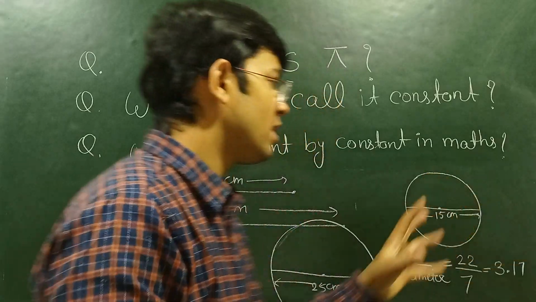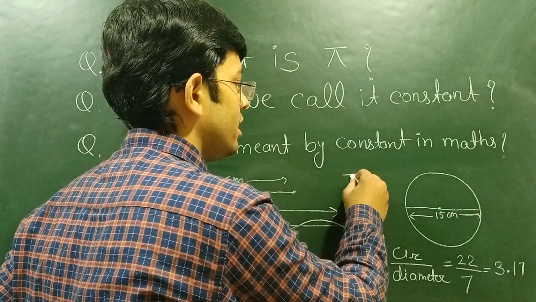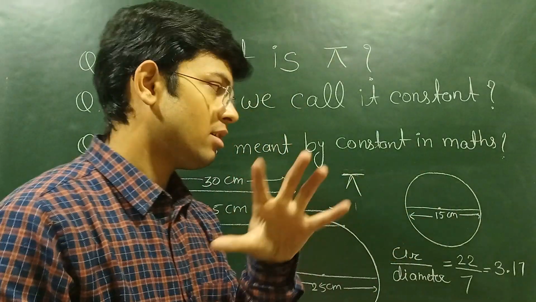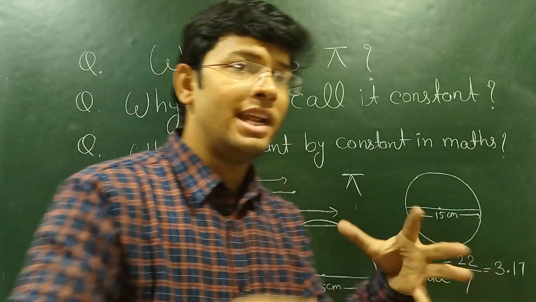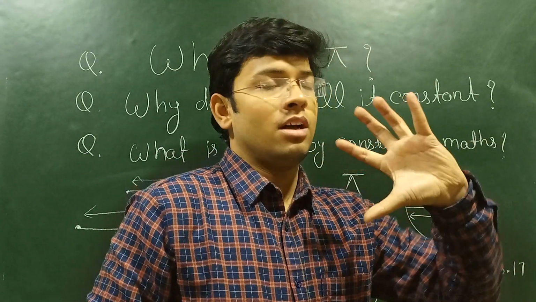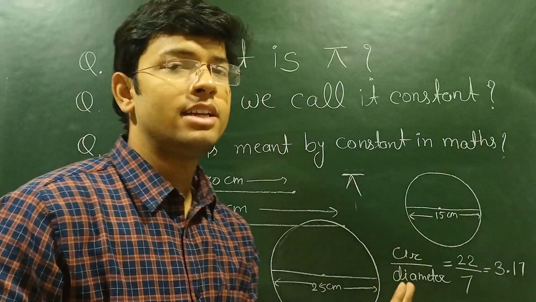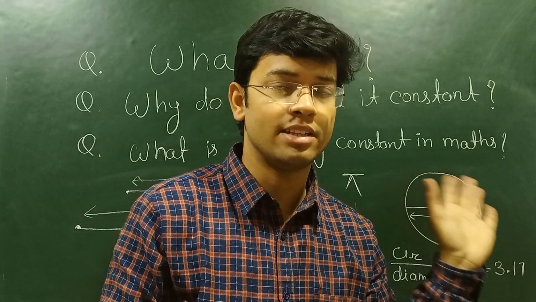The scientists gave it a term, it is called pi. So pi is basically 22 upon 7, which tells us the relation between the circumference and the diameter. So this is the answer to the question.